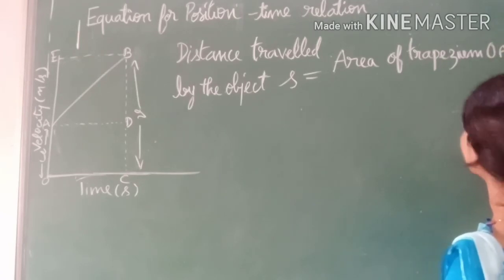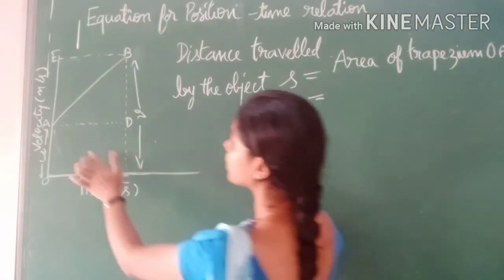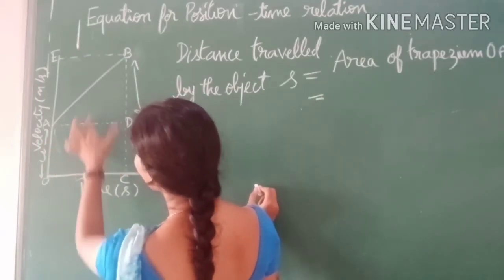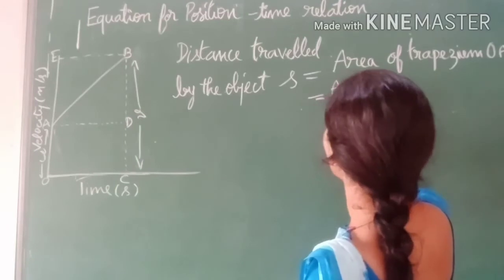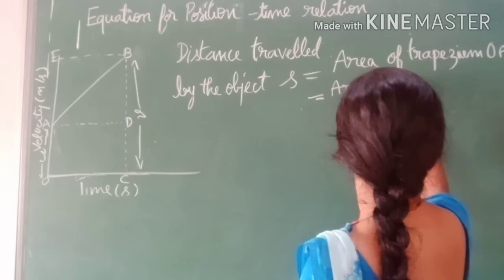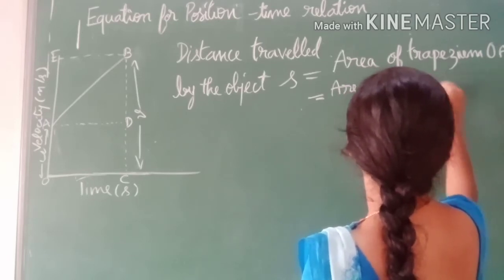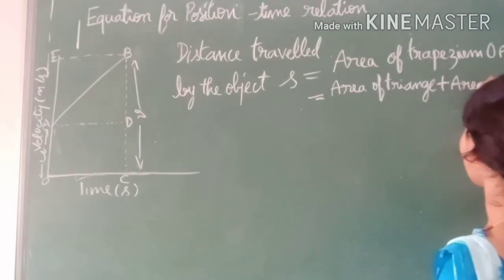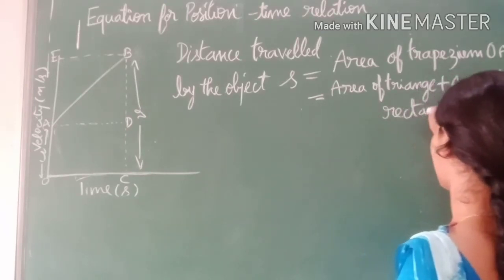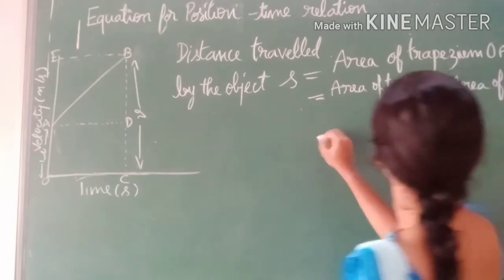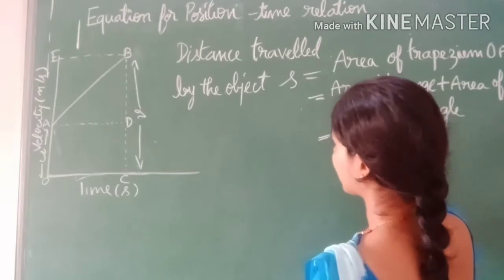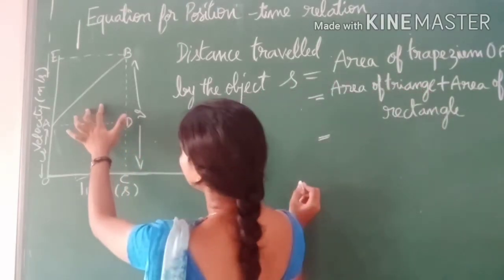So OABC, when you draw this dotted line, you will get one rectangle and a triangle. So it is the area of the triangle plus the area of the rectangle.